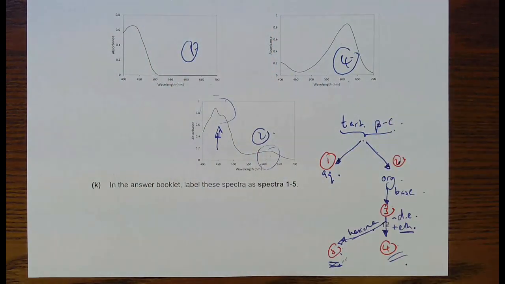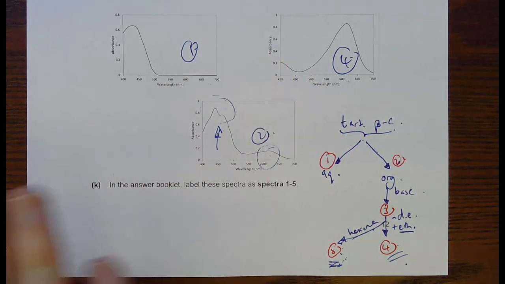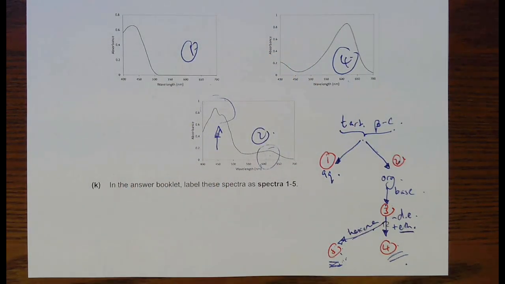But hopefully that makes sense. If it doesn't make sense, maybe watch it again. If it still doesn't make sense, you can ask in the comments, and I can have another go at it. But I think that's more or less the way it works. So that is the end of the question. Like I said, big question.